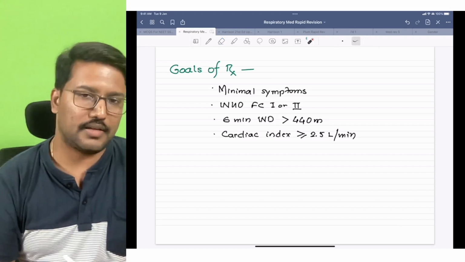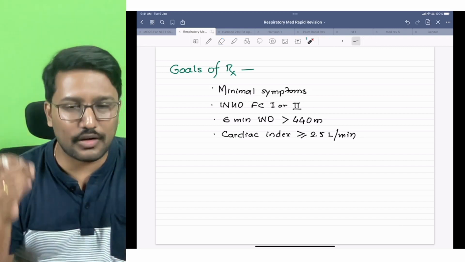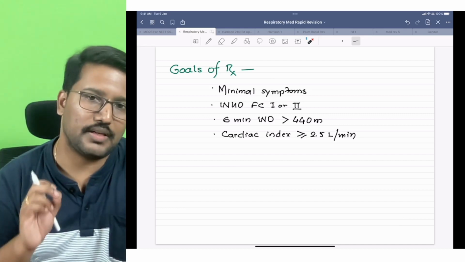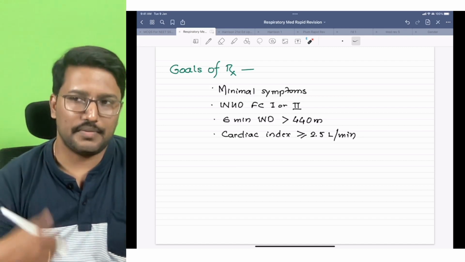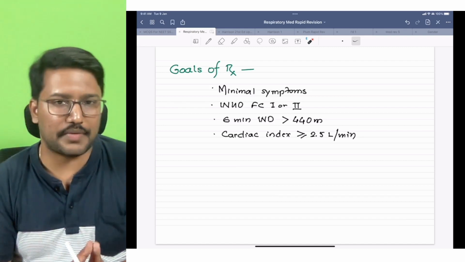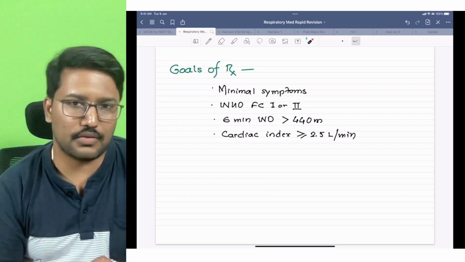So in the vasodilatory testing, if there is a satisfactory vasodilatory response, then the drug of choice for treating such patients is usually dihydropyridine calcium channel blockers like amlodipine. If the vasodilatory response is not satisfactory, then you treat it with alternative agents. That's the basic essence that we need to know.